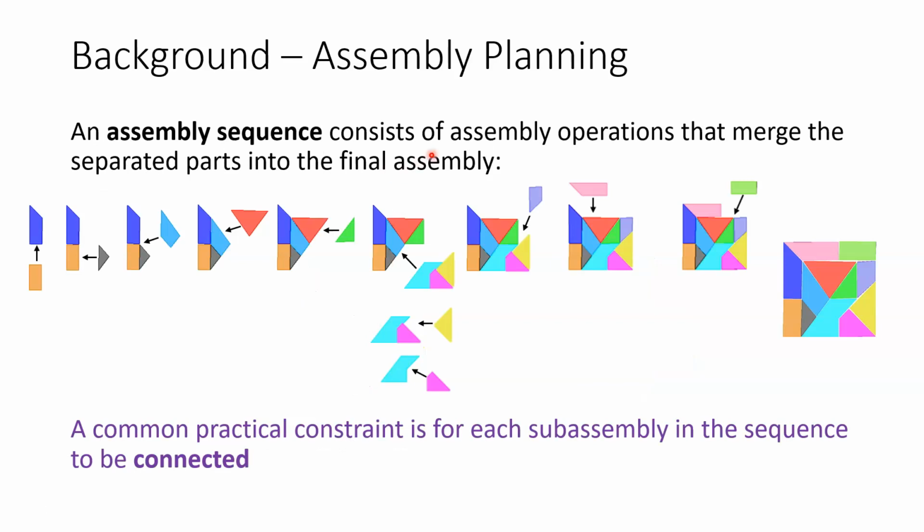And in general, the problem in assembly planning is to find an assembly sequence, which is a sequence of assembly operations that merge separated parts into the final assembly. So here, for example, we have this assembly on the right, and on the left, we can see an assembly sequence for it consisting of single translations. A common constraint is to have each subassembly that arises in the sequence be connected, which is the case here.